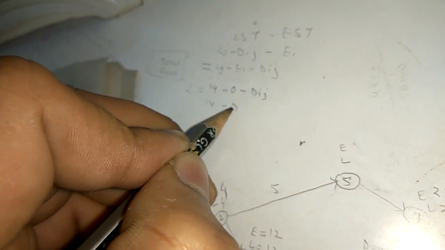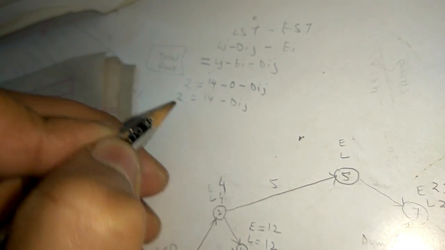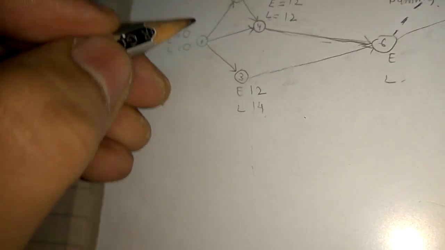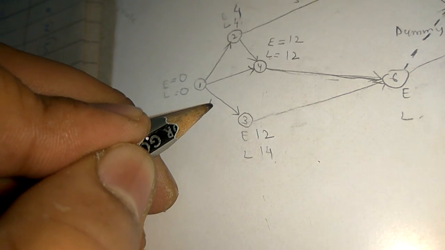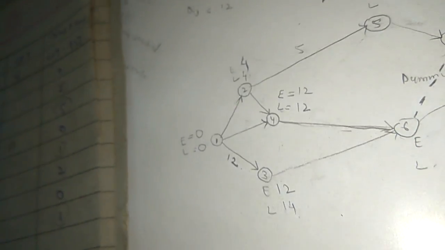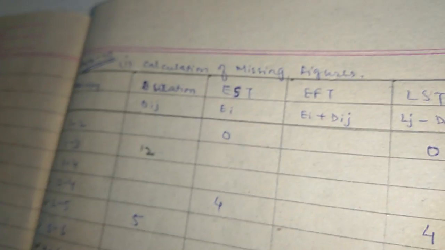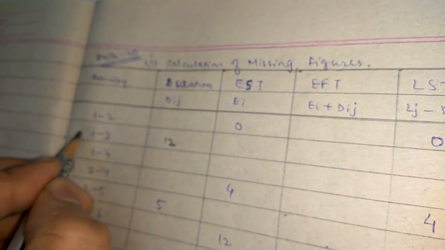So DIJ will be 12. So the duration between 1 to 3 is 12.